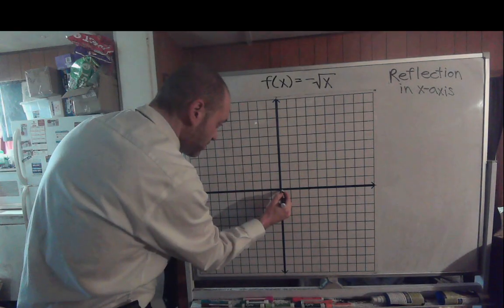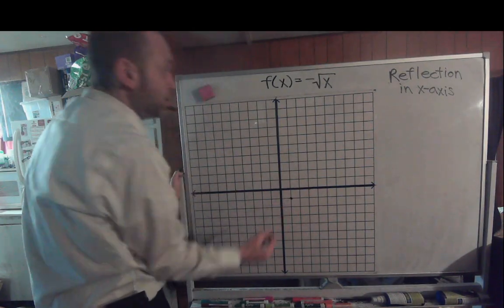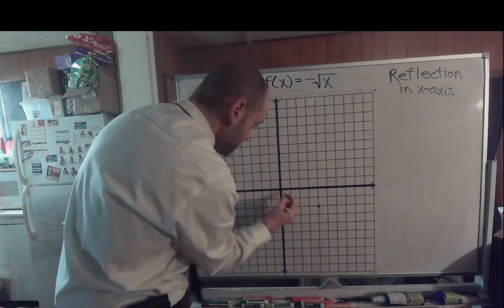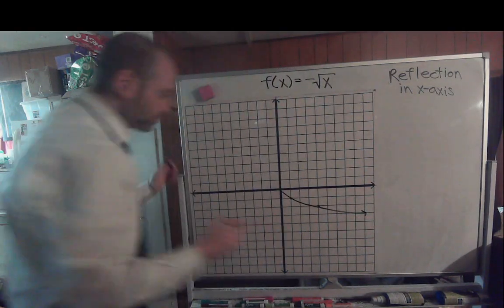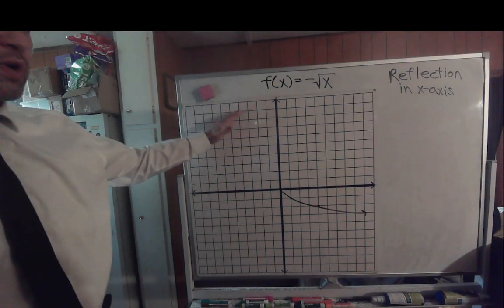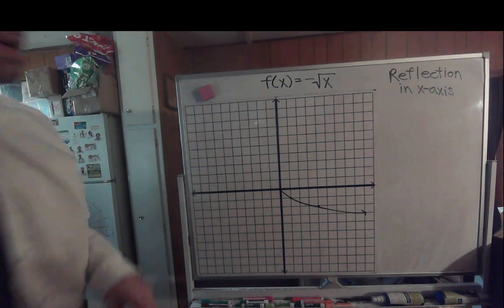So let's see, yes, when x is 0, you'll still get 0, but when x is 1, you'll this time have a y value of negative 1. When x is 4, you'll actually get a y value of negative 2, so your graph is going to go like this. So I haven't changed the size of the original f of x equals the square root of x. I've just reflected it in the x-axis.